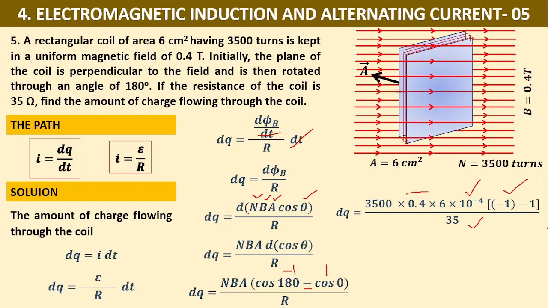After simplifying this simple calculation, we get dq equals 480 into 10 power minus 4 coulomb. Simply, dq equals 48 into 10 power minus 3 coulomb, 48 millicoulomb.